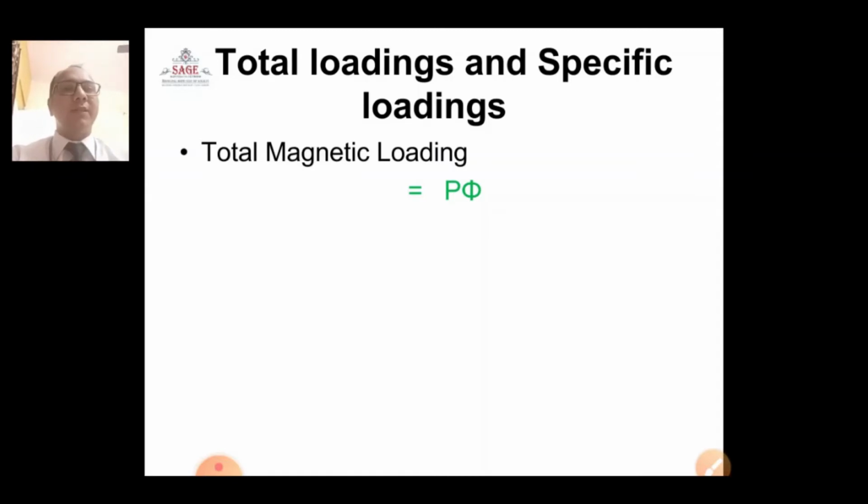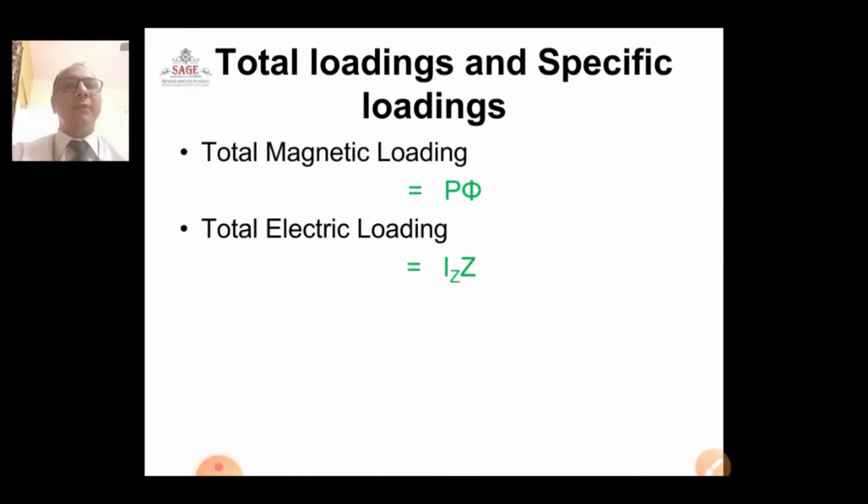The second important definition is total electric loading. What is total electric loading? It is the total number of ampere conductors around the armature or stator periphery. What do you mean by total ampere conductors? When the total number of turns in a machine is known, we can derive the total number of active conductors available in the slots.